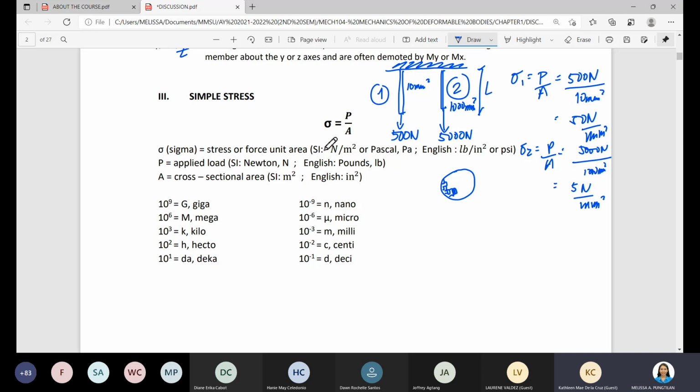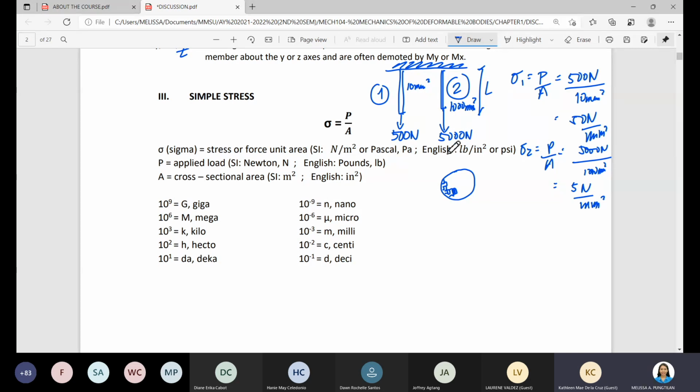Okay, so yung ating simple stress is denoted as our sigma. Okay, sigma. Or tinatawag nating stress or force unit area. So, kung sa SI, ang ating unit dito is Newton per square meter or Pascal.